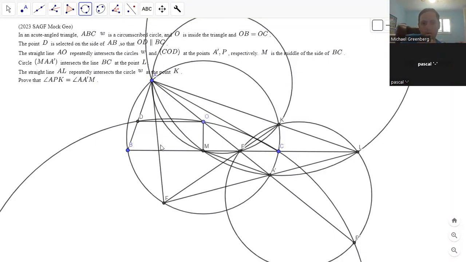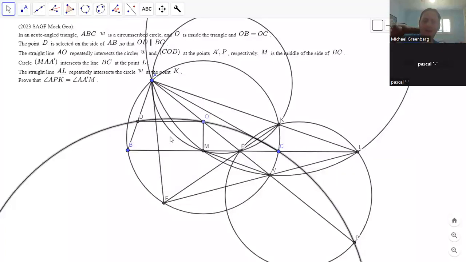So we want to show AOD is AKM. Yeah, D is just such a weird point because it's not symmetric.